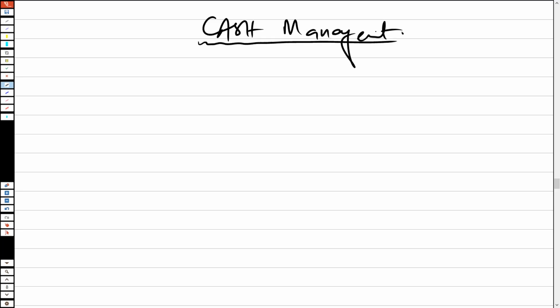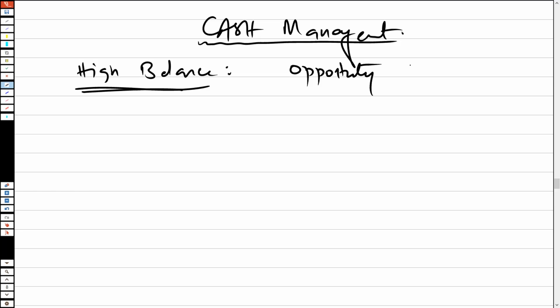The next aspect that we need to talk about is basically called cash management. With respect to cash management, you need to understand that if you have a high balance, there is an opportunity cost of the cash.